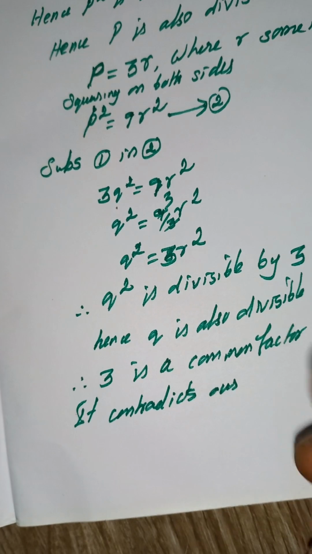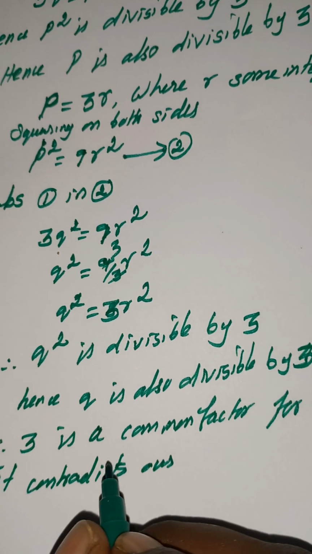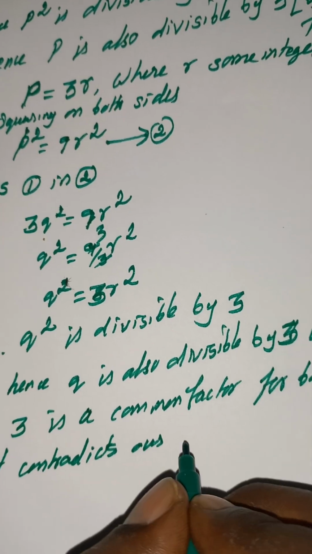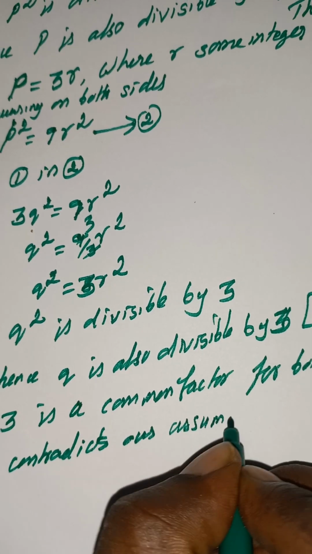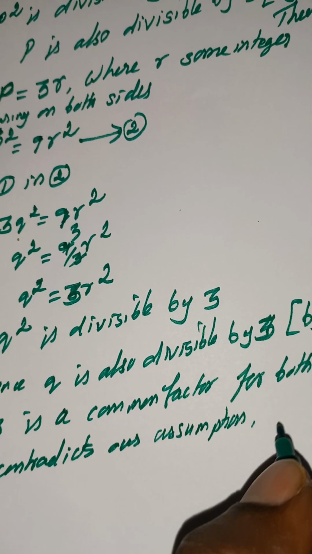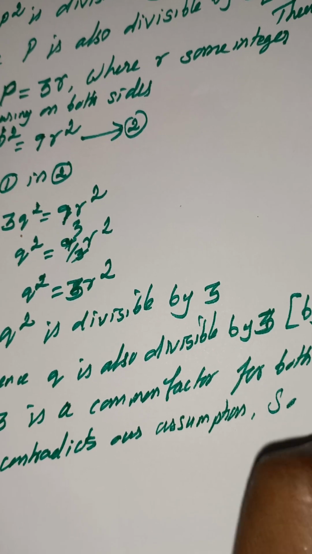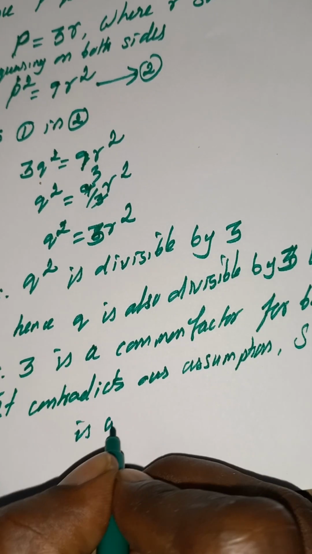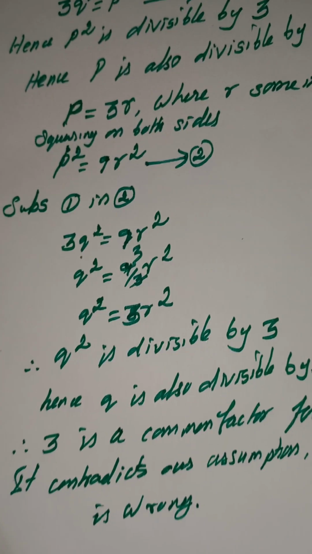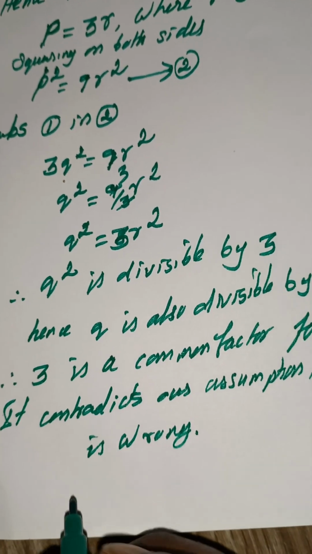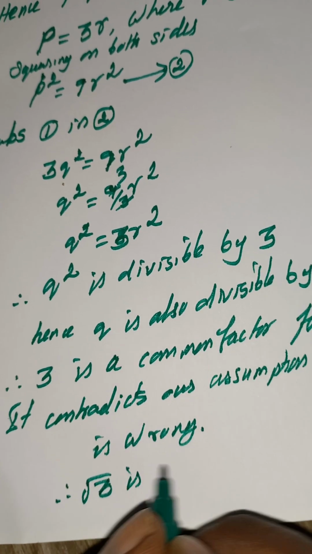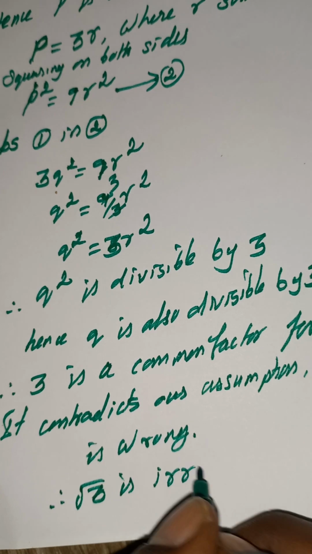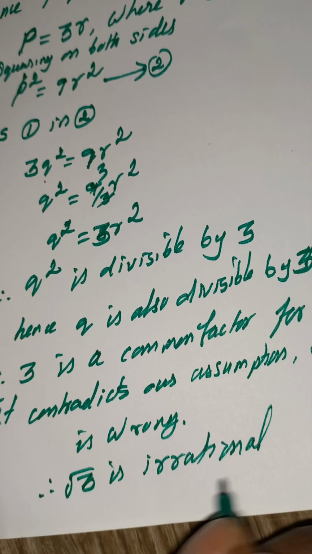But here we have common factor 3, so our assumption is wrong. What is our assumption? Our assumption is it is rational. Your assumption is wrong, means it is not rational. Therefore, root 3 is irrational. Means proved.